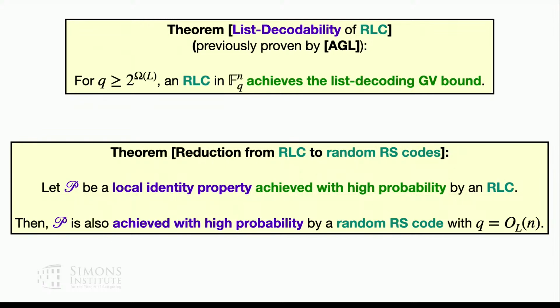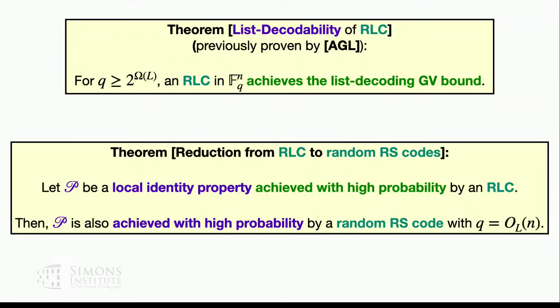Then it's also achieved with high probability by a random Reed-Solomon code, where the field size is going to be of order n, with some dependence on L, which depends on the exact property, but it's going to be at most L to the L. For list recovery, this is going to be L to the L. For list decoding, it's going to be 2 to the L.